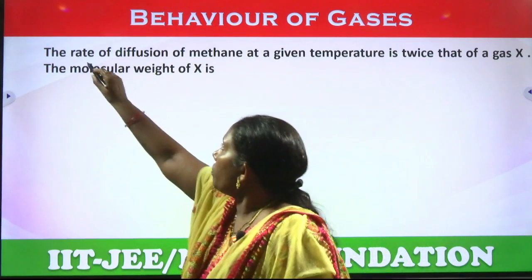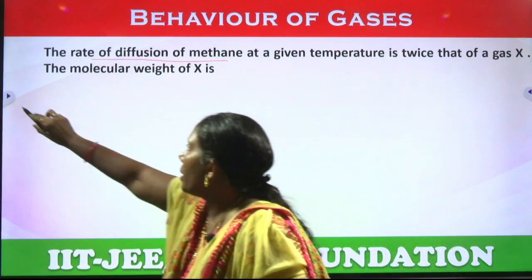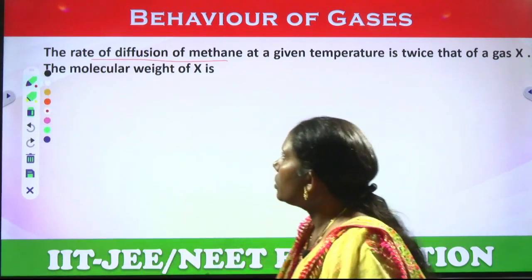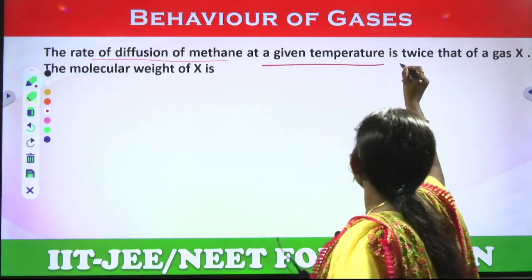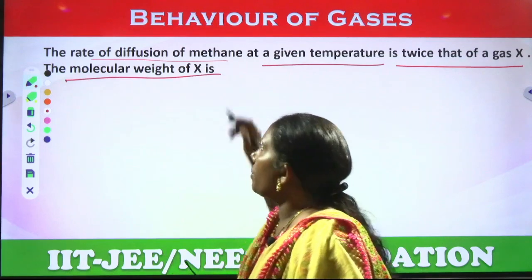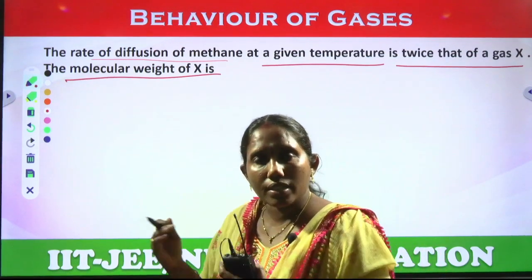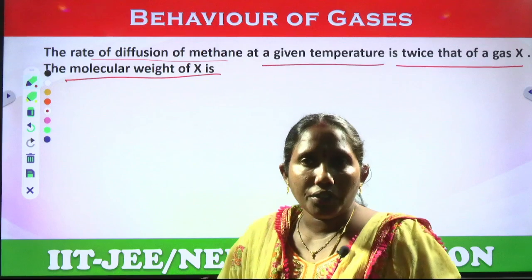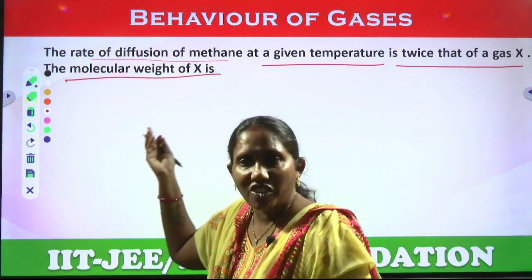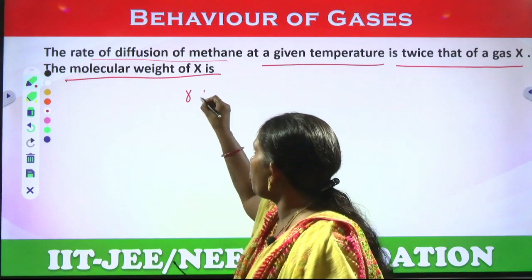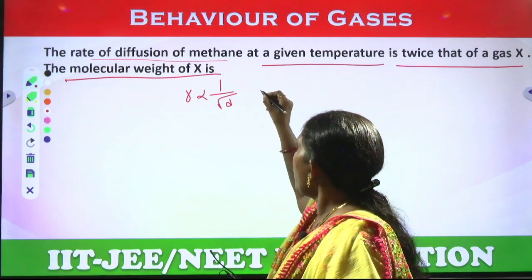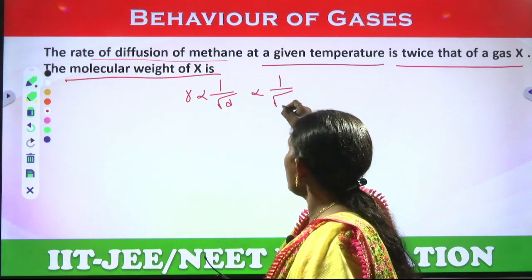See, the rate of diffusion of methane at a given temperature is twice that of a gas X. The molecular weight of X is, so he is asking the comparison of rate of diffusion between the two gases, right? So what is the formula we know for rate of diffusion? Rate of diffusion is inversely proportional to square root of its density or inversely proportional to square root of its molecular weight.